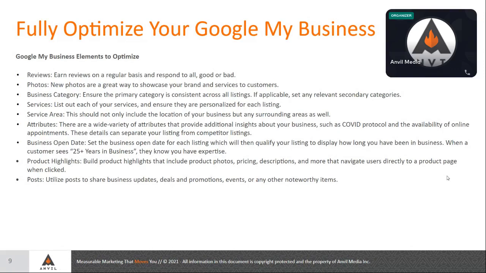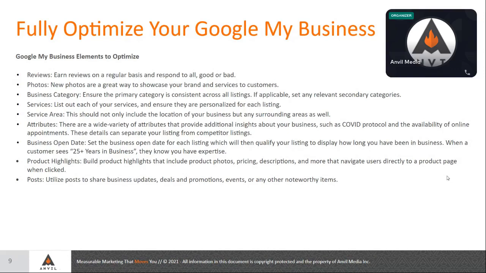Your primary business category, this is one of the more important components to your Google My Business. This is a category that essentially encapsulates what your business is about and which industry you primarily serve. So you want to make sure this is consistent across all listings, again, so that search engines can get a proper understanding of what your business is about.